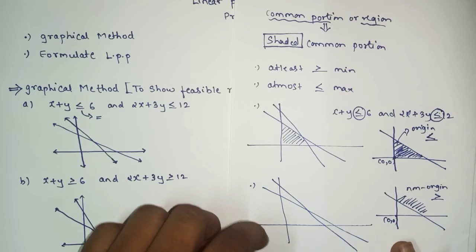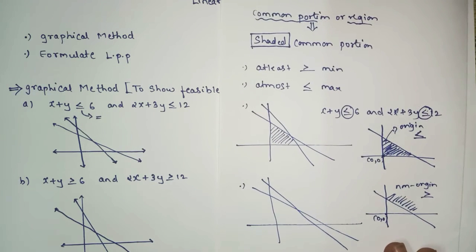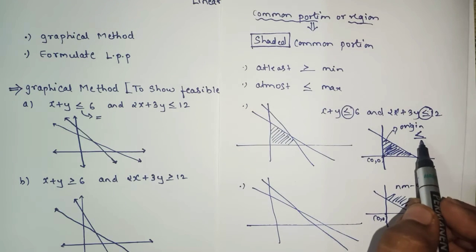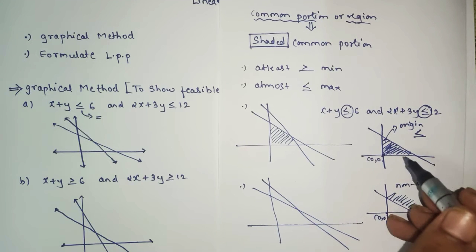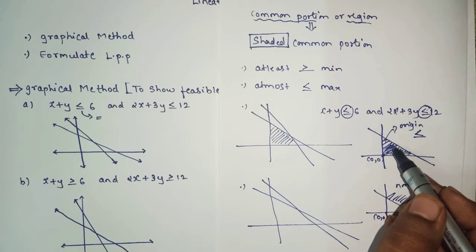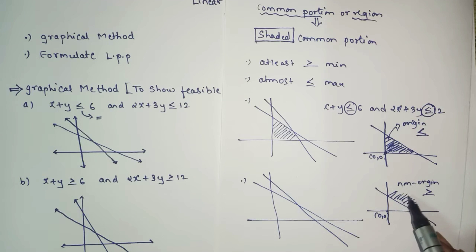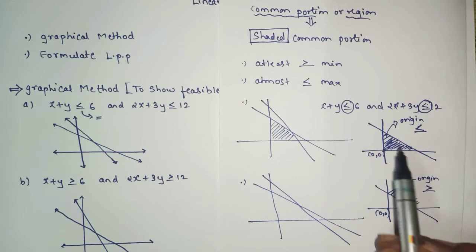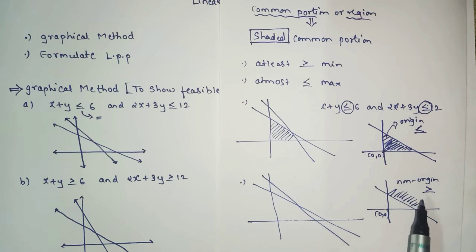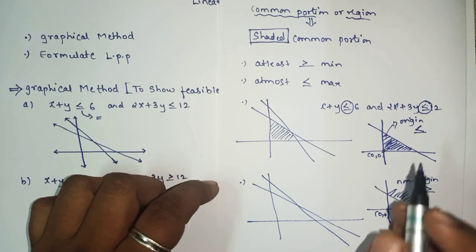So remember these two techniques. Whenever an equation contains less than or equal to, always and always the feasible region will come inside. Whenever it is greater than or equal to, it will come outside. So for this I will use origin, and for this I will use non-origin side. Okay, so here we got the idea.